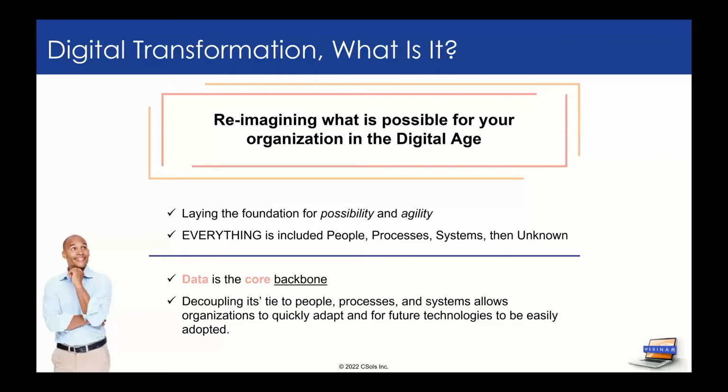You need to understand that information, what we call the core backbone, but you need to understand the information of your organization and set yourself up to be able to derive the value from it and set your organizations up so that the culture has a data mindset, so that everyone has access to that data in a similar way so that they can pull insights out. And so we view it as decoupling the data tied to the people, processes, and systems. And this will help you set that foundation in an improved, more efficient way.